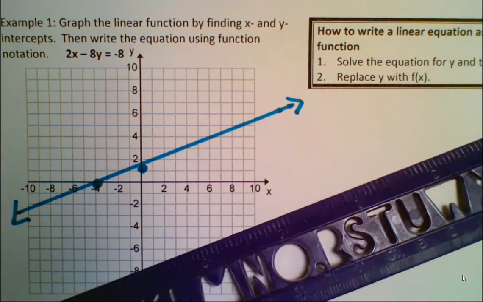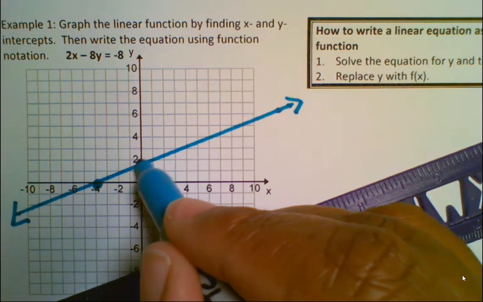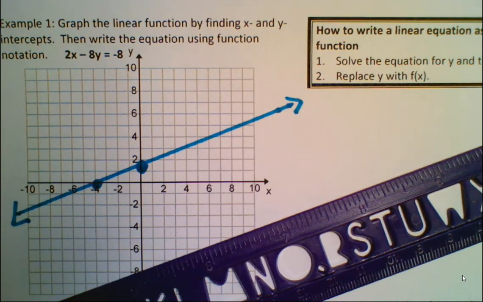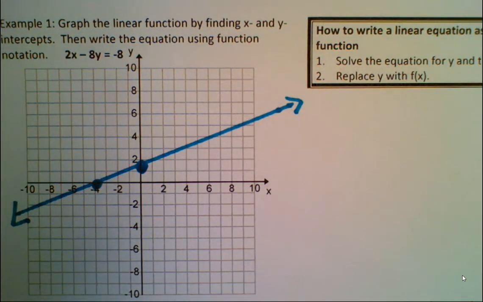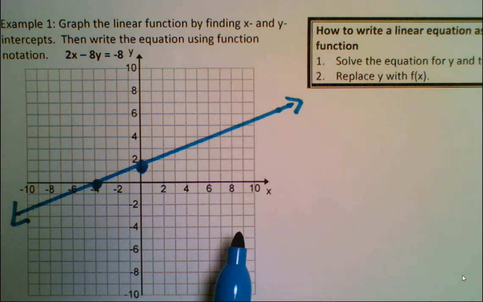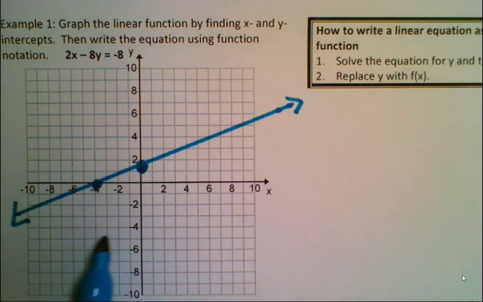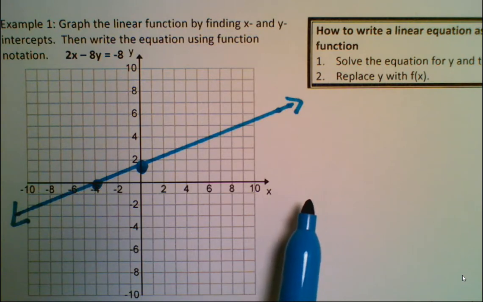And here is our line. So we have a slope just by looking at the line and noticing that the slope is positive, because the line is rising from left to right.